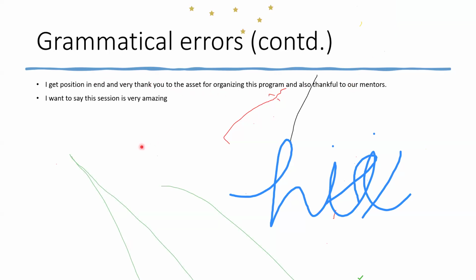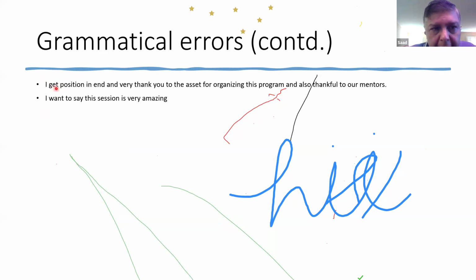It could have been like: "I got the last position and I would like to thank Asset for organizing this program, and I would also want to express my thanks to all the mentors." It could have been like that. Yeah. If anyone else wants to take a chance, otherwise I can provide my suggestion.